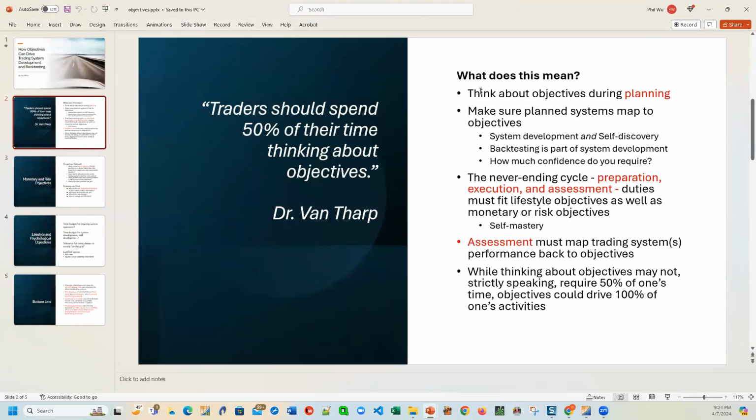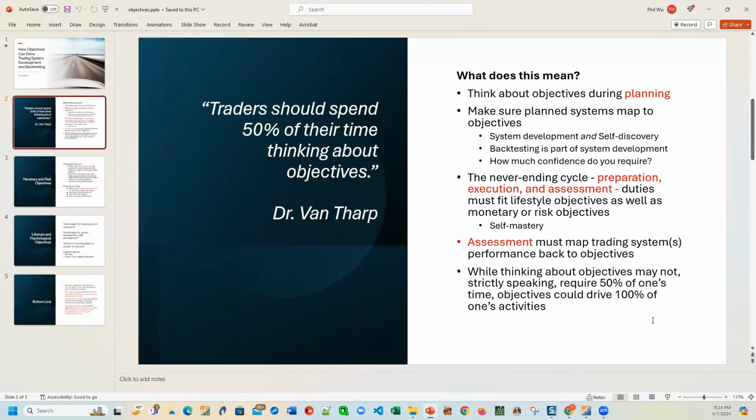Dr. Van Tharp made this statement once, I remember: traders should spend 50% of their time thinking about objectives. So I mapped that to Ken's plan, prepare, execute, assess paradigm, and thought about where objectives come in. Obviously it's crucial for planning, because you don't want to plan a system that won't fit you and won't make the return that you're targeting.